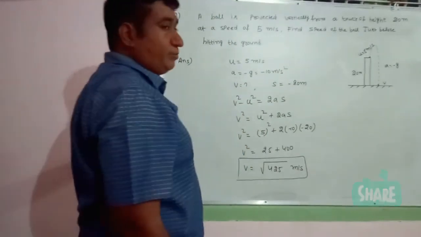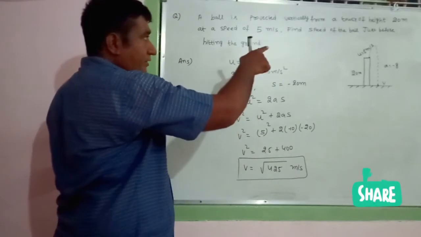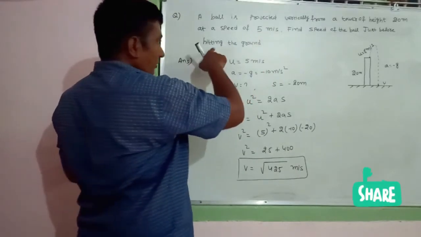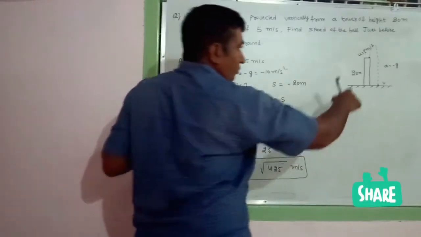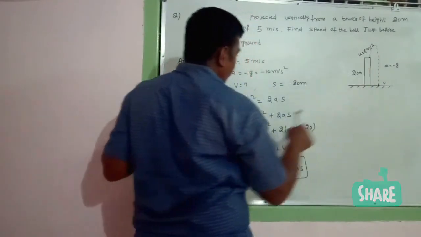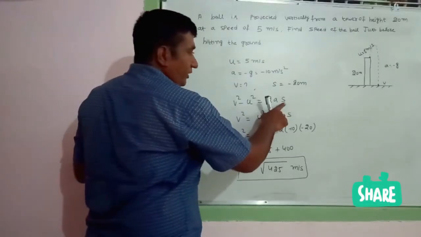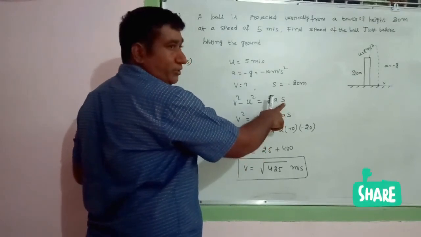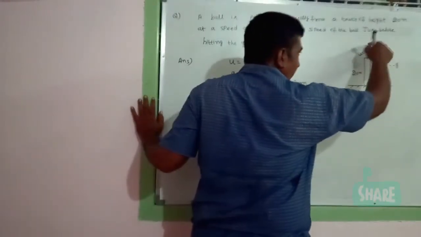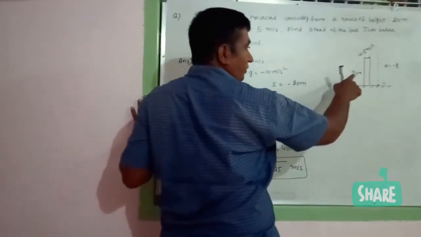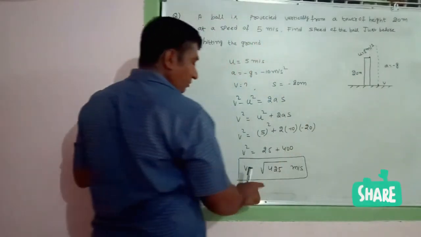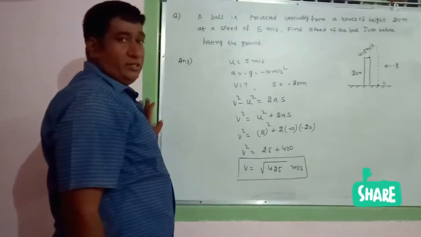With this much velocity, it hits the ground. So there is no need to find it in a different manner. Simply, if you have understood the s value, what is the displacement? x minus x and then minus h. The height of the tower is 20 meters. By substituting that, we can get the answer.